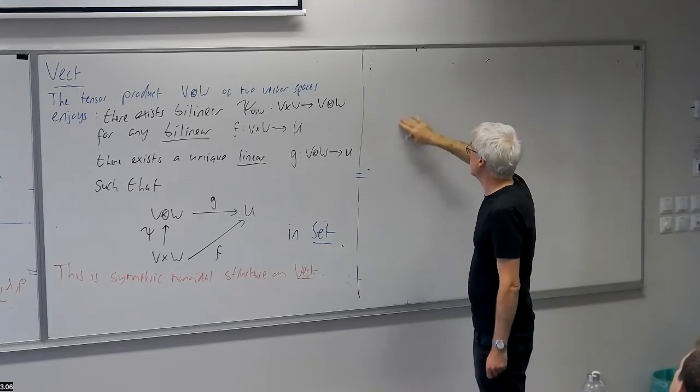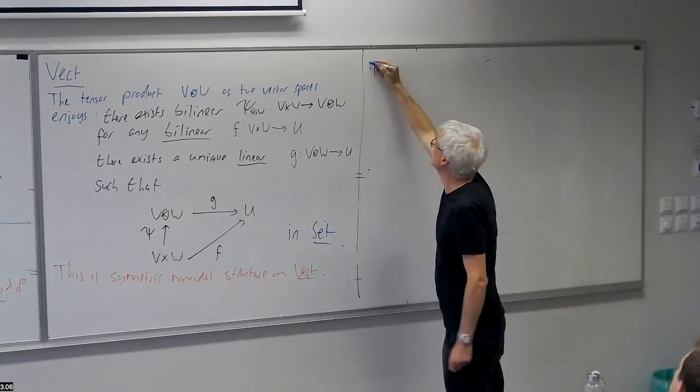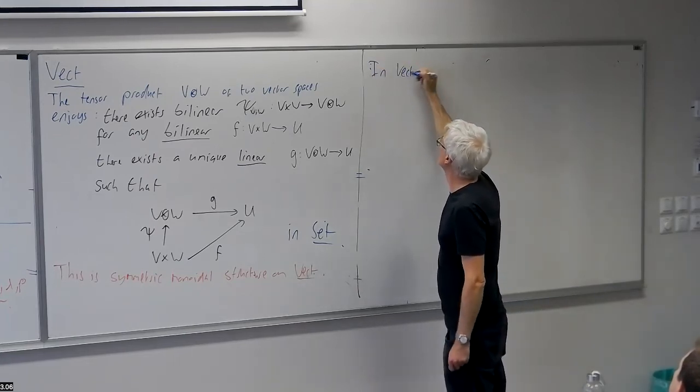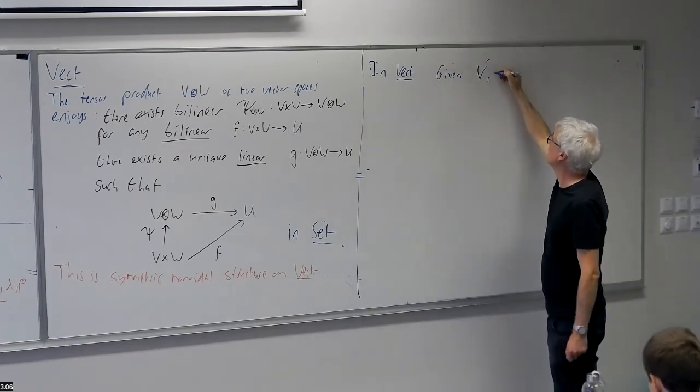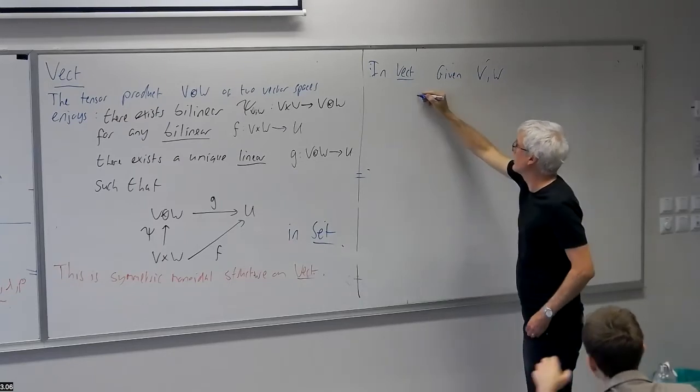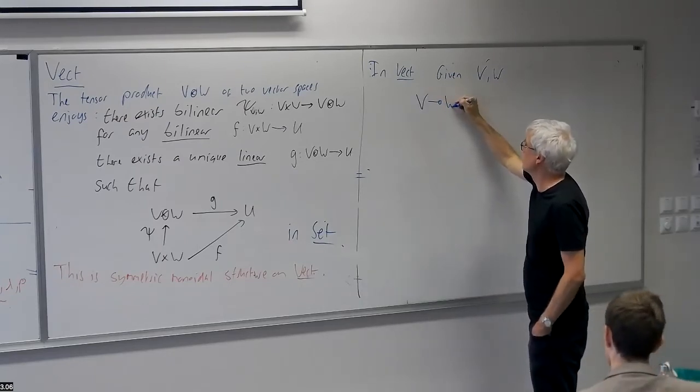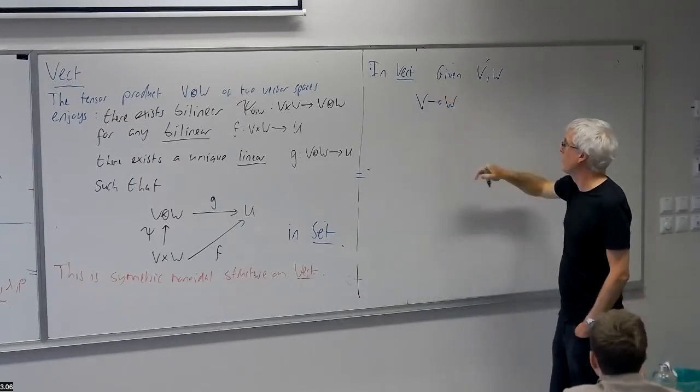So for vector spaces, we're given V and W, and I'm going to write V arrow W with a lollipop.